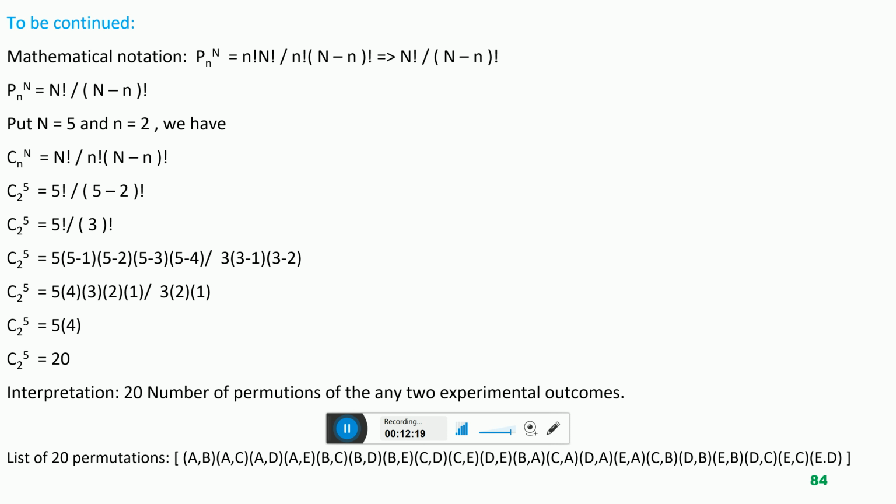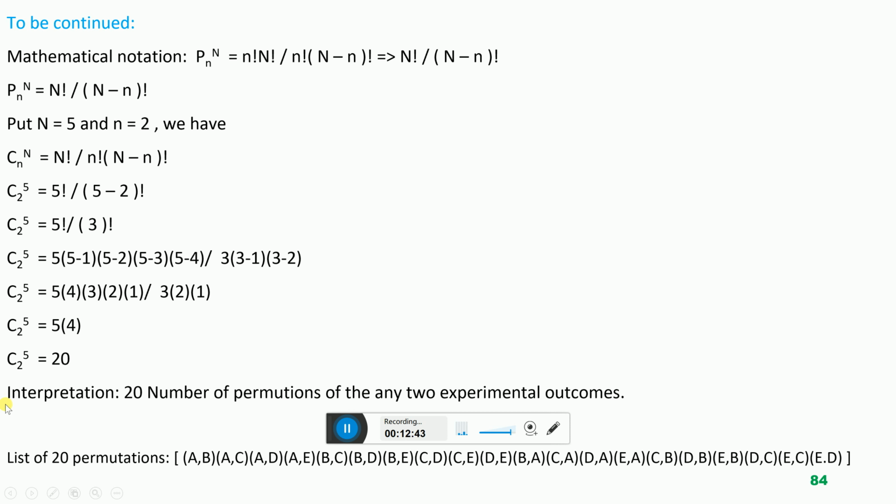Now the difference between combinations and permutation is this, that in permutation we will disorder the group of items, we will disorder the combination. So when we disorder the combination, this will be considered another experimental outcome.